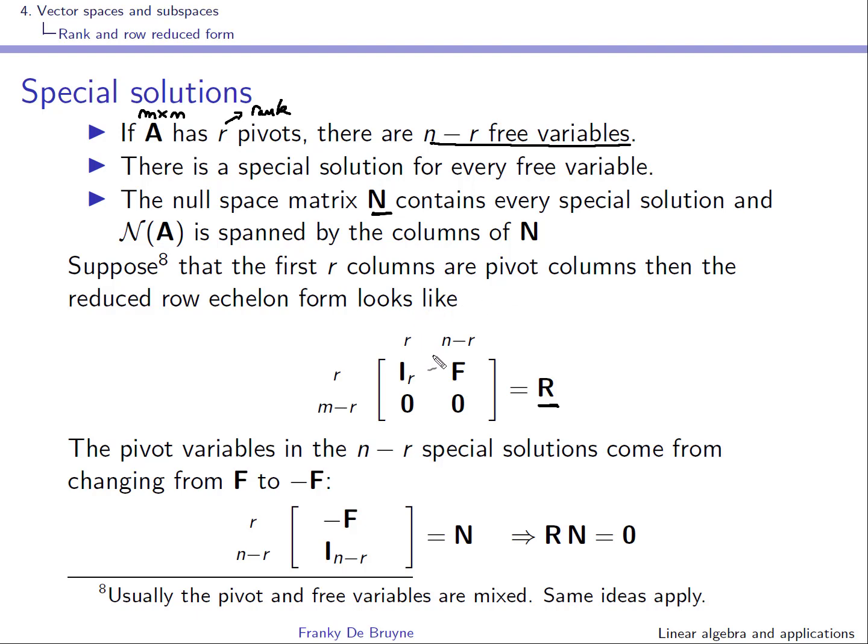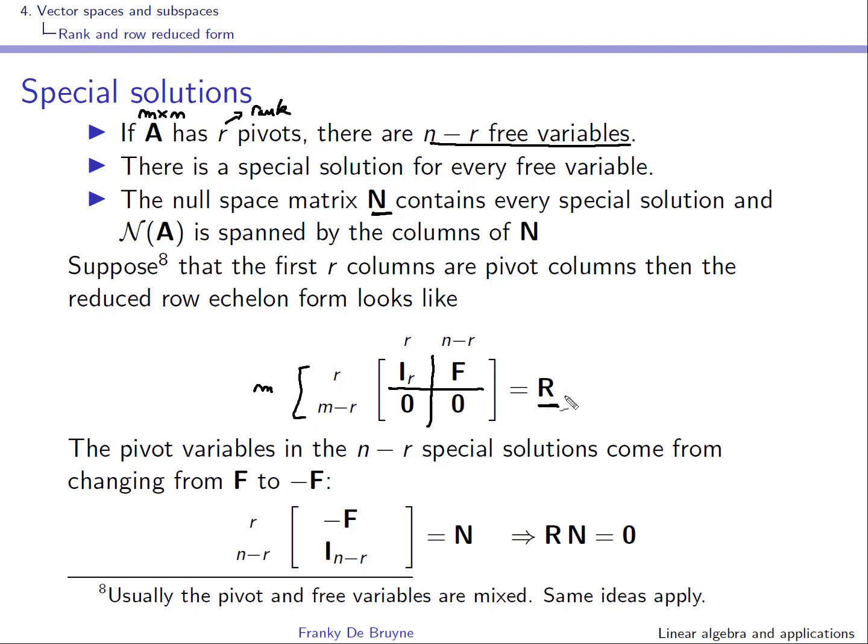So these are the first R pivot columns, and the next columns are the N minus R free columns. Since the rank of the matrix is R, there are also a number of rows that are zeros. There are m rows over here. So if the rank is R, there are m minus R rows of zeros.